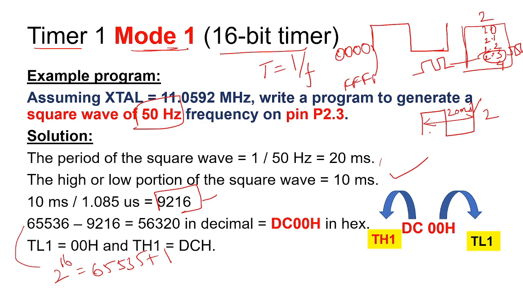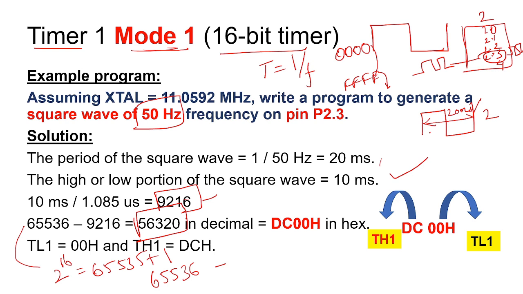When it comes to the maximum count, it will reach the roll over condition, which takes one count. To include that situation only I am adding plus 1. So when you are writing the program, you can take the standard final value of 65536 minus the number of pulses you obtained. So 65536 minus 9216, you get 56320.